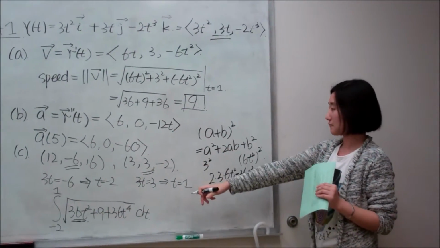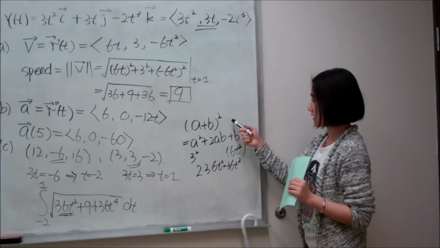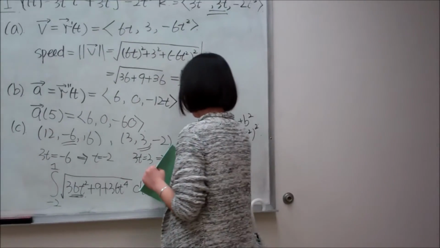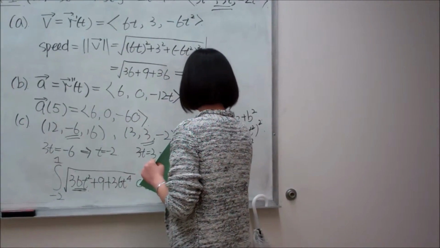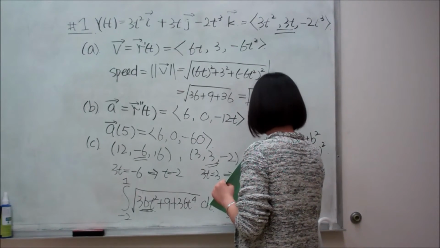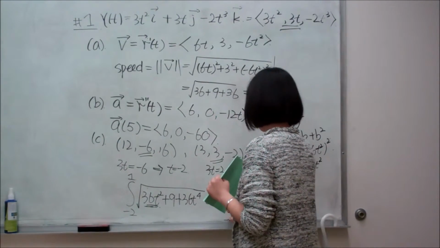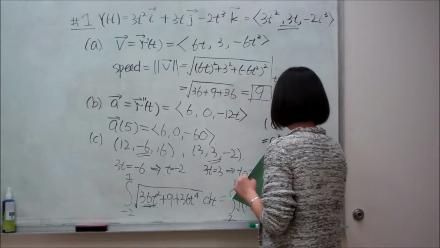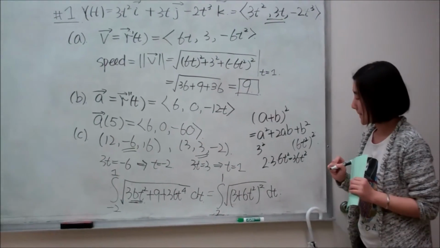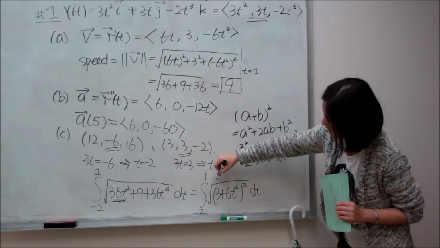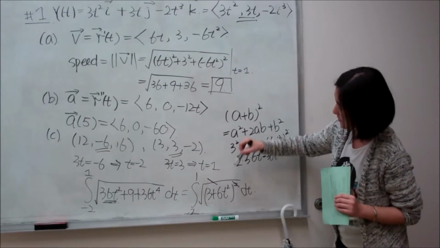So this actually works, and our a plus b will be 3 plus 6t squared, from negative 2 to 1. And then the square roots will be cancelled out with the square.